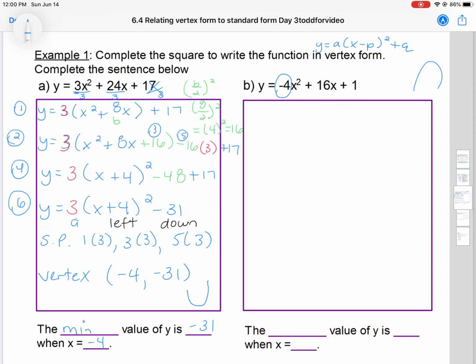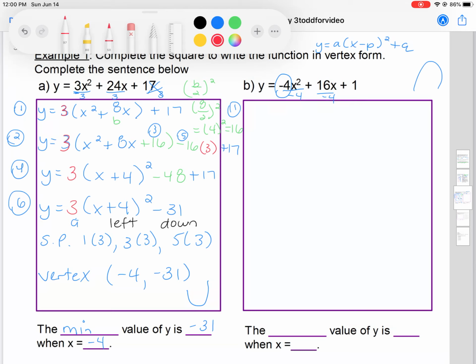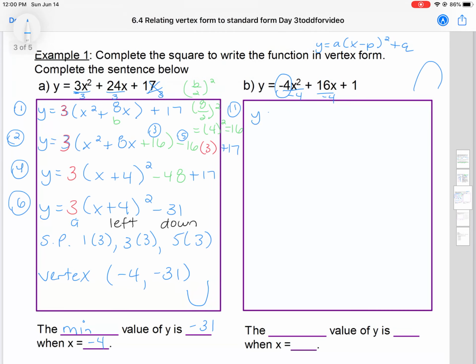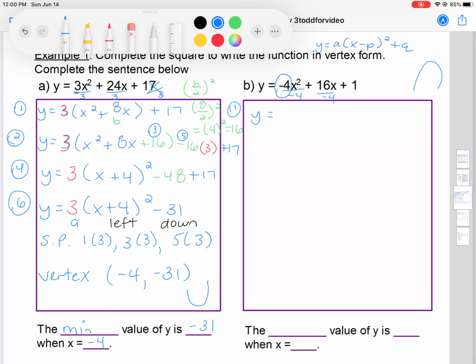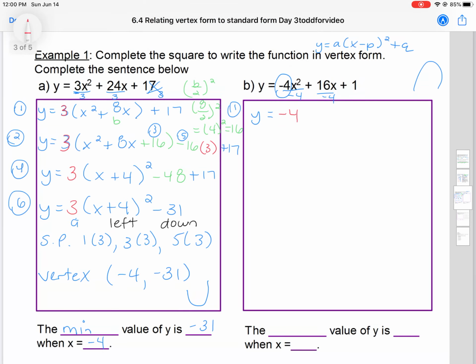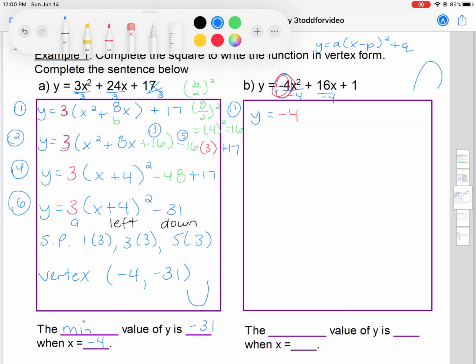Over here, now we have a negative a value, which means the parabola opens down, and that's fine. But when you choose your common factor, you're going to divide by -4, okay? You don't want that negative in there either. You want your a value to be just 1, okay? So this time we have -4. Again, all I did was take this number here. I didn't do anything tricky.